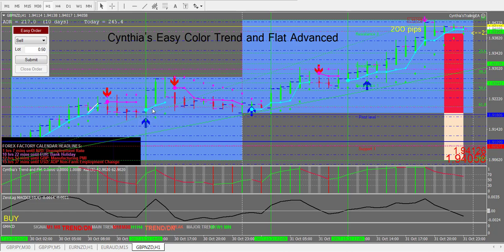Then it went up again, and once the price hit the major key level you entered on, it hit 25 pips, and then another 25 pips, and then another 25 pips. So just in this short little uptrend was 75 pips, and you could have entered at this major key level.